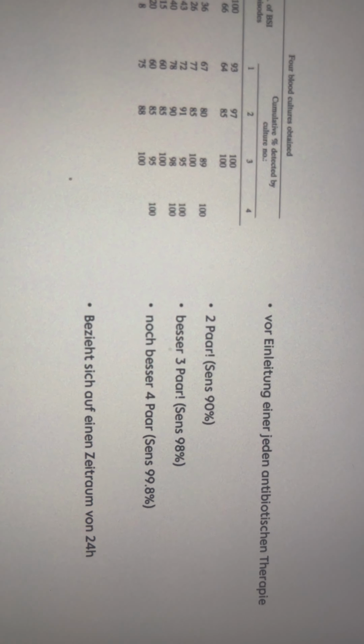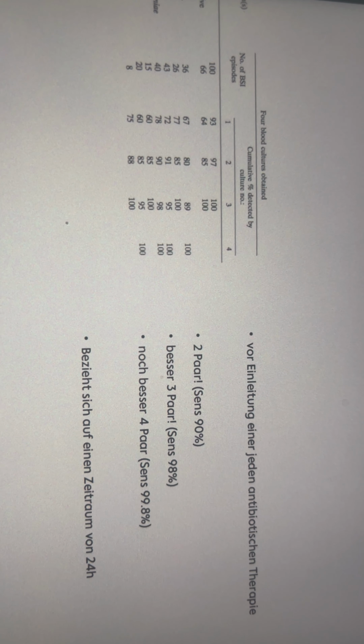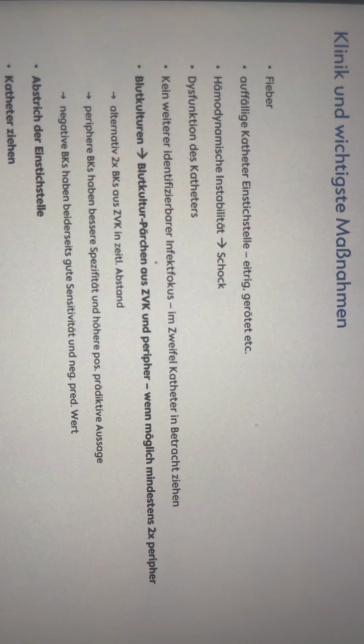Before beginning with the antibiotics, I always recommend you take cultures: blood cultures, urine cultures, sputum tests. It's really recommended, and at least two pairs so that you have high sensitivity. The clinical sign in this case is fever.